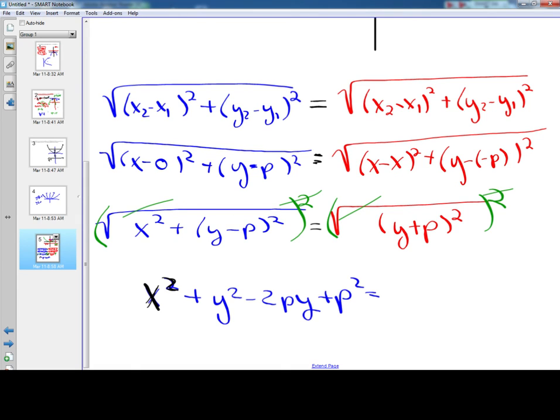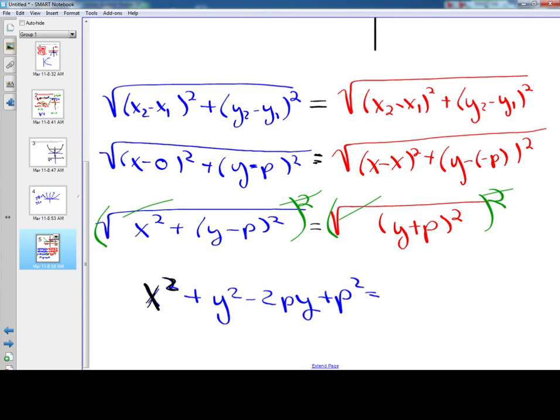It's just binomial expansion. I was so close, I was foiling it. The proper term is binomial expansion. So I'm going to use the proper terminology. Because it's a perfect square, when I go y times negative p, it happens twice.